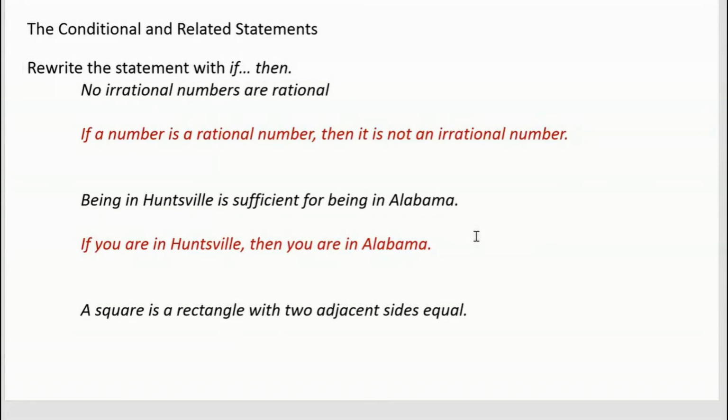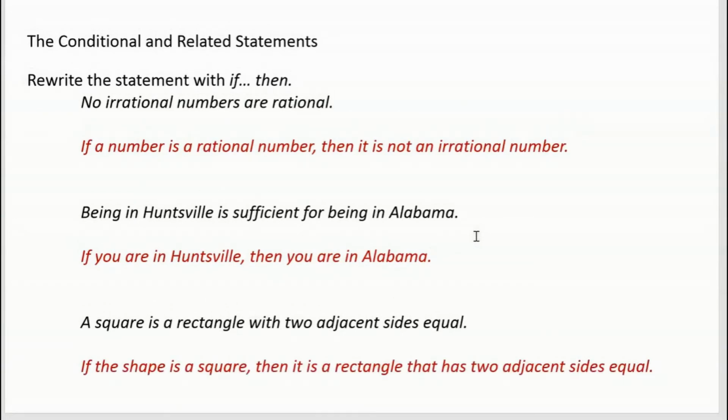Well, if it is a square, it's not like you're a square, but you know what I mean. If the figure is a square, then it is a rectangle with two adjacent sides equal, because that's what a square is. What do you think?